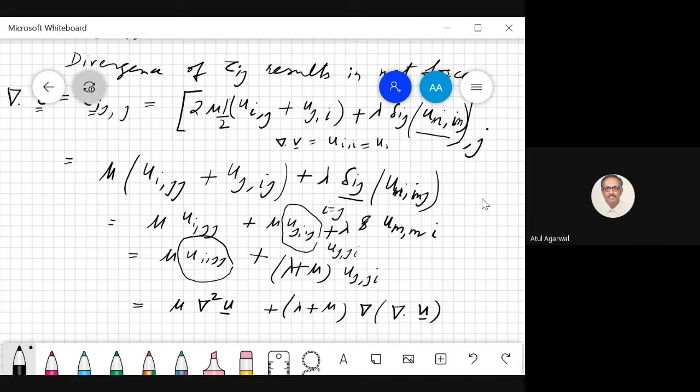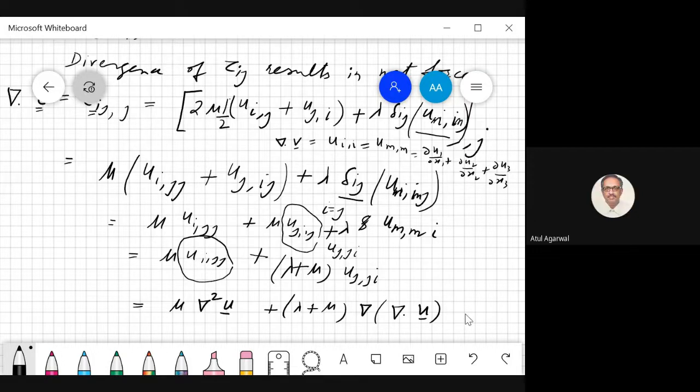You could have written u_m,m, anything. It is basically del u1 by del x1 plus del u2 by del x2 plus del u3 by del x3. All three terms are there. So this i and j I'm using here, so I should not have used i here. Now is it all right? Yes, understood, sir. Thank you.